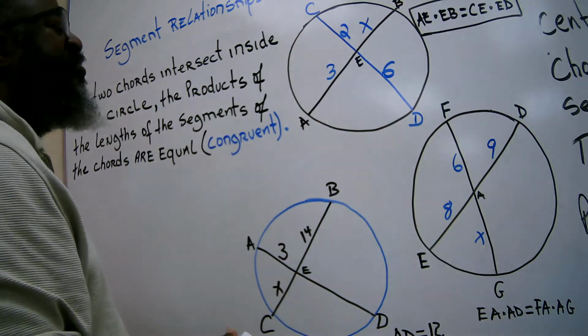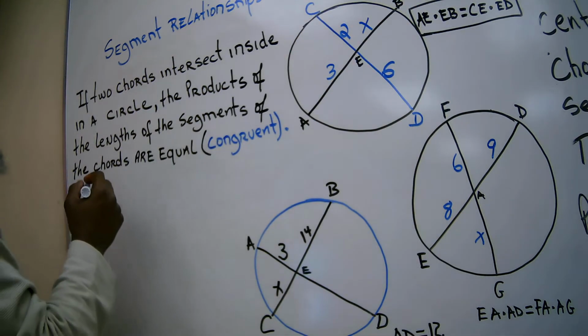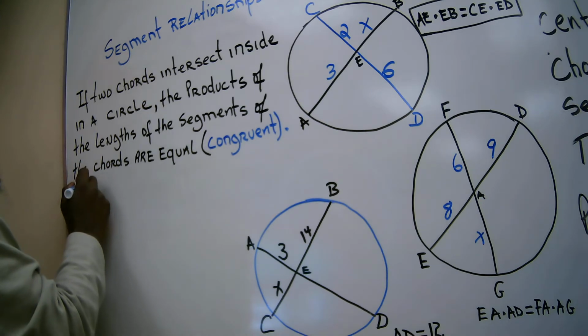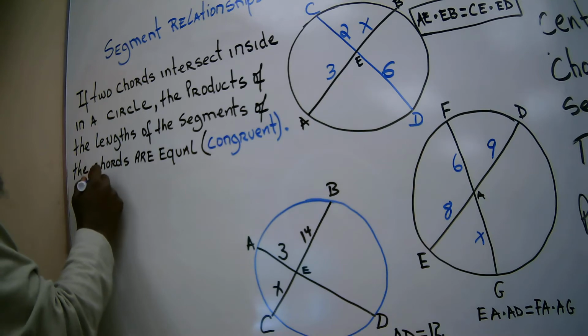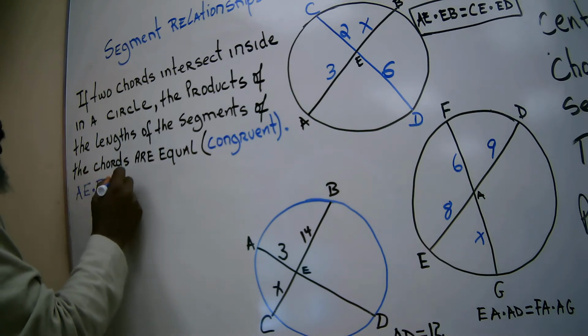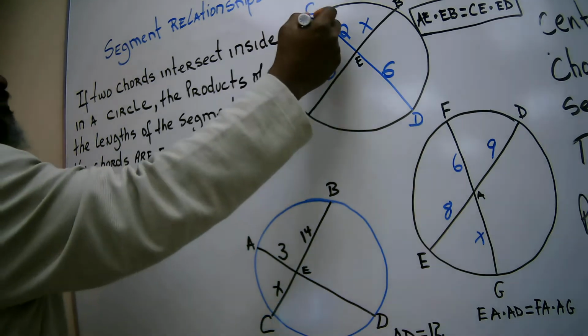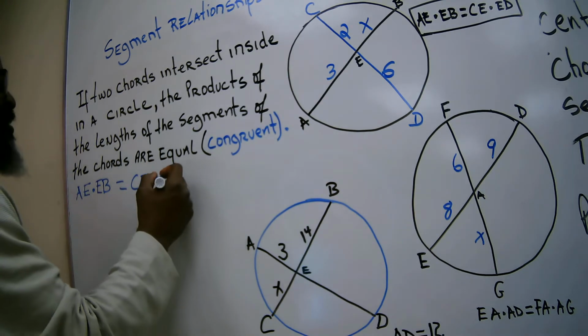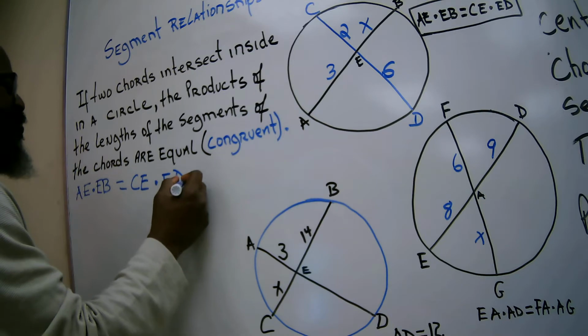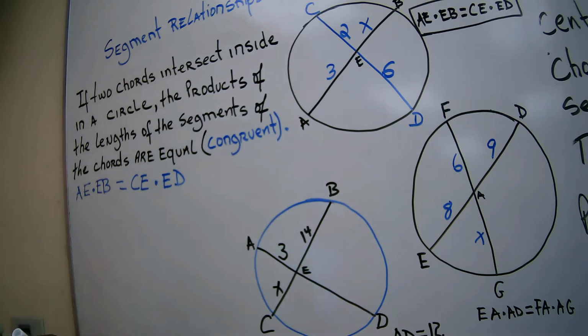In other words, AE times EB must be equal to CE times ED. The product of the lengths of the chord segments will be congruent.